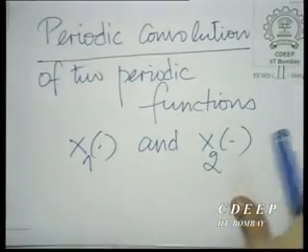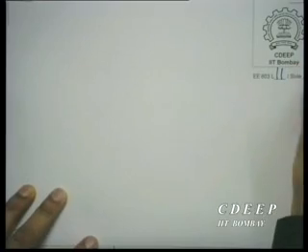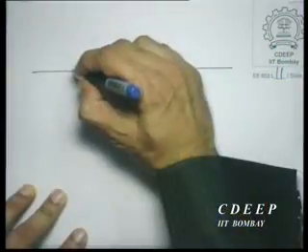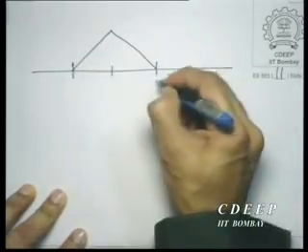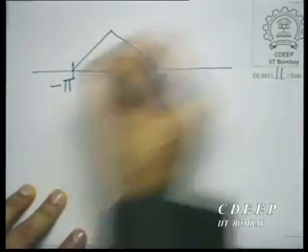Let's just spend a minute in doing that. So just to take an example, suppose you happen to have this from minus pi to pi for x1(lambda).